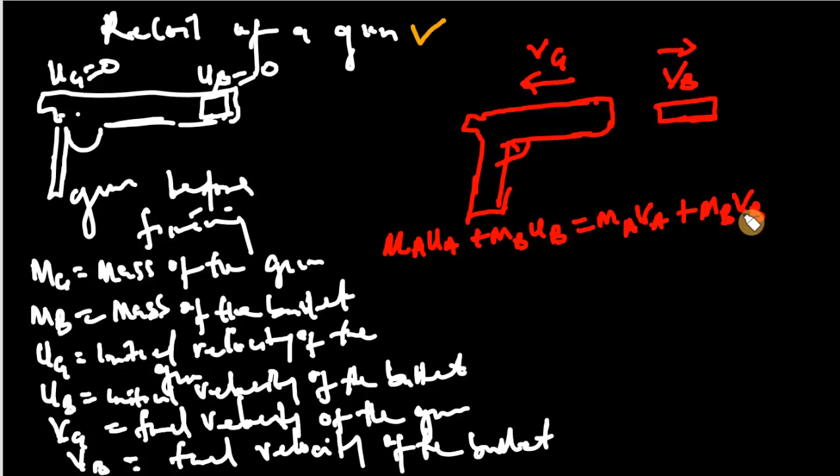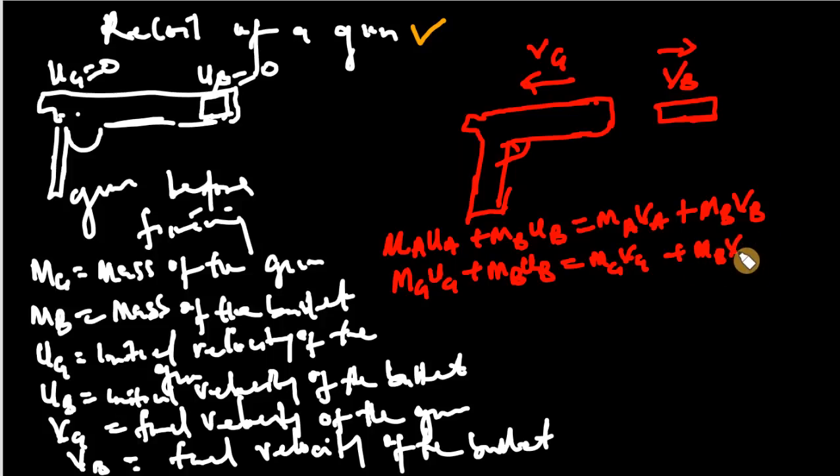In this case, we label this as mass of the gun, initial velocity of the gun, plus mass of the bullet, initial velocity of the bullet. This becomes mass of the gun, final velocity of the gun, plus mass of the bullet, final velocity of the bullet. Initially the initial velocity of the gun is 0, so this whole term becomes 0.